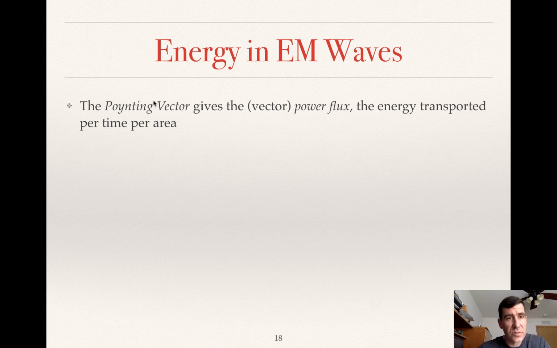electric and magnetic fields. So a common thing you can do is define something called the Poynting vector. And the Poynting vector, well, it's a vector, not surprisingly, and it's the power flux. So it's the energy, remember power is energy per time, and flux is per area. So it's the vector, energy transported per time per area.